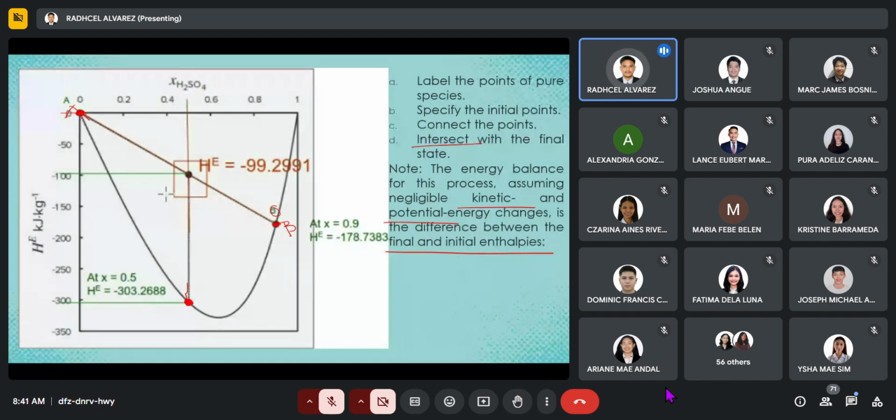So, hahanapin mo ngayon yung kanyang point of intersection, silang tatlo. Ano? So, saang part sila nag-intersect? Dito, sa bilog na ito. And then from this one, makukuha mo na yung properties. Okay? So, pakikuha ng ating properties.